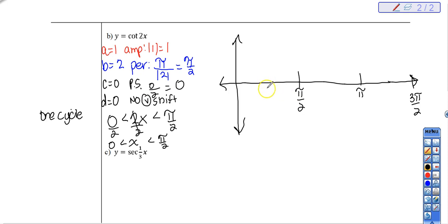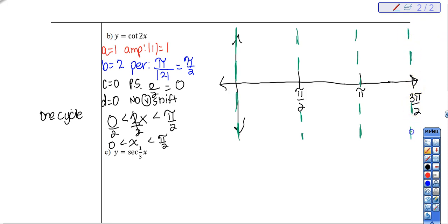And then let's put our asymptotes in. So I'm going to grab up my green pen. So for one cycle, 0 to pi over 2. That gives you an indicator of how far apart to put all your asymptotes. So at every distance of a quarter turn on your unit circle, you will have an asymptote.